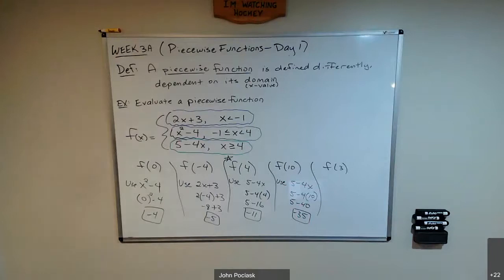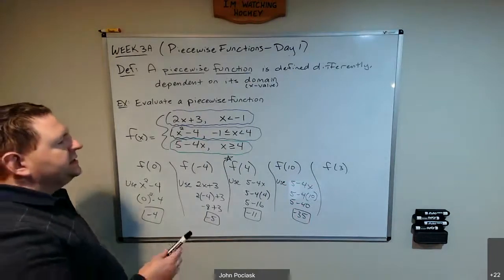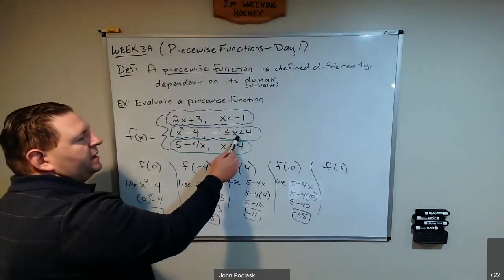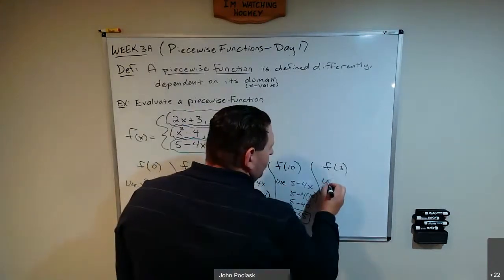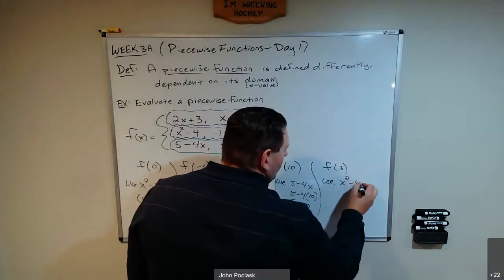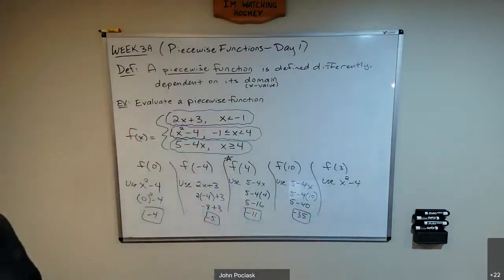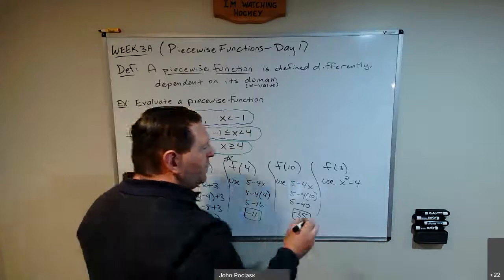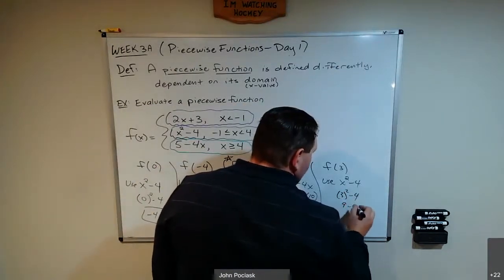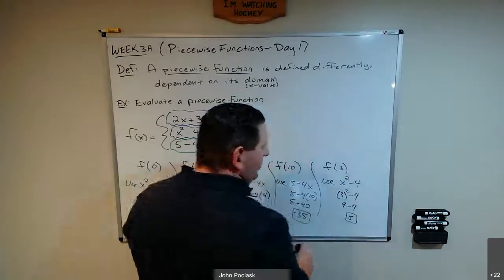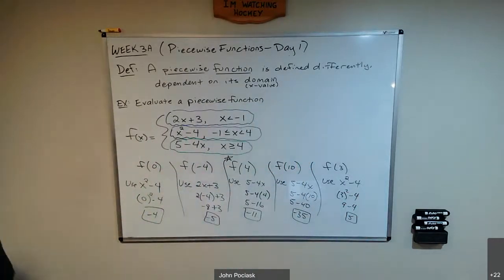Last one is 3. 3 is in this middle piece. So you're going to use x squared minus 4. So 3 squared minus 4 is 5. Okay? So that's how evaluating a piecewise function works.